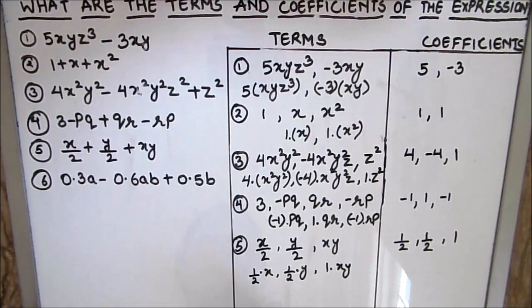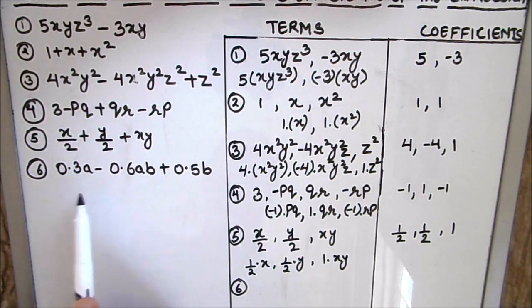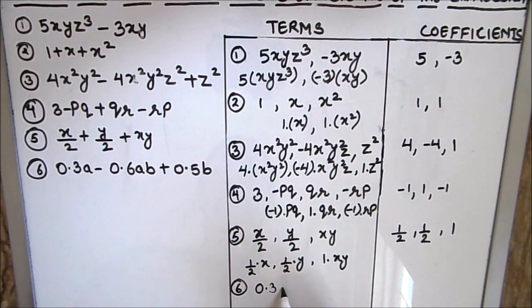Now let's move on to our next example. Here we have three terms and the terms are in decimals. The first term is 0.3a, the second term is negative 0.6ab and the third one is 0.5b.